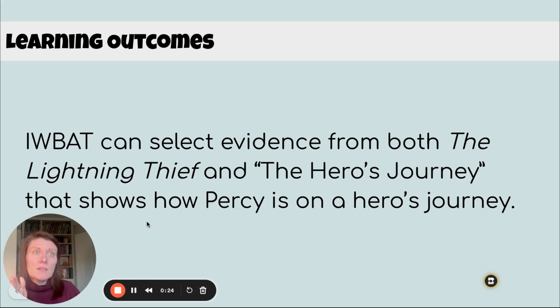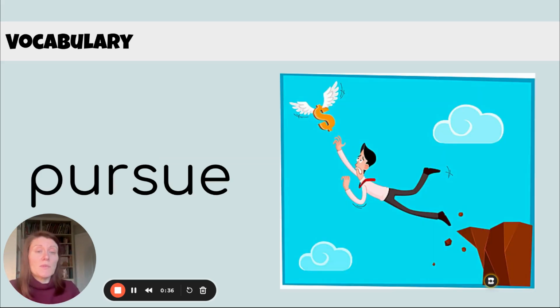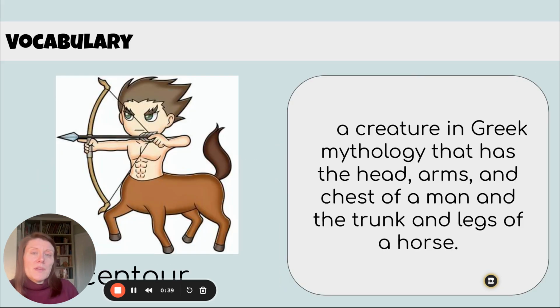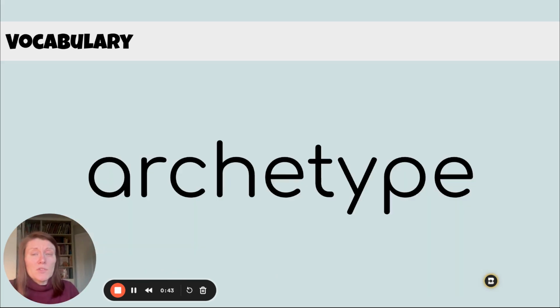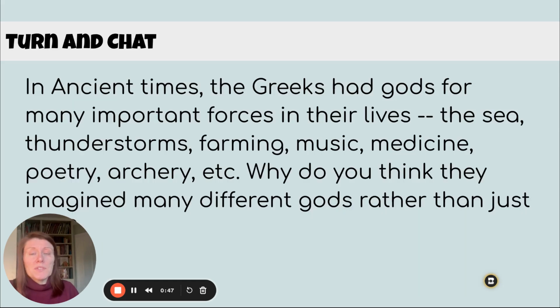And as I said, that keeps on helping us understand the structure of the novel, and it helps us make predictions and see the links between the myths and legends and the novel. And that's something that we know Rick Riordan wants us to do. So we've got a vocabulary, and the centaur is just really important to this novel, and architect coming back up because it's so important.